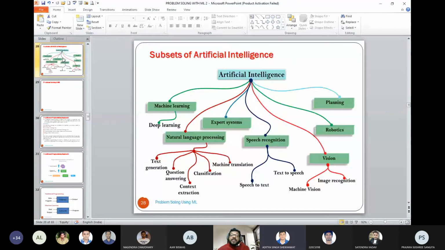You see wireless sensor network and real-time system design. I'm sharing a slide. You see, I am not in the picture when ML, DL, NLP, whatever is being offered by the department.